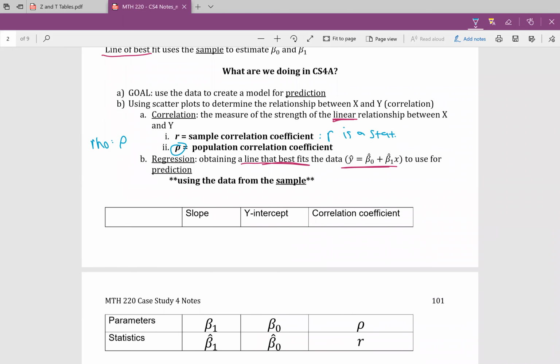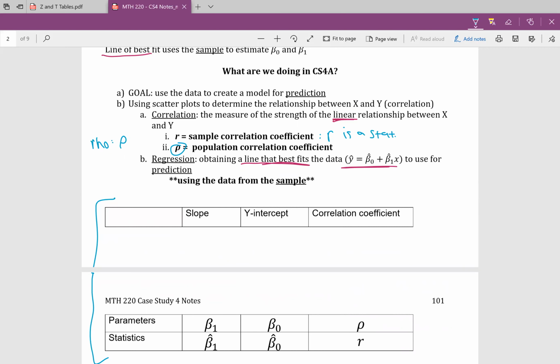All right, so this box got cut onto two separate pages. But we have this line for parameters. Parameters come from the population, they're unknown, and then we have this line for statistics. So the parameter for the slope is beta 1. The statistic for the slope is beta 1 hat.